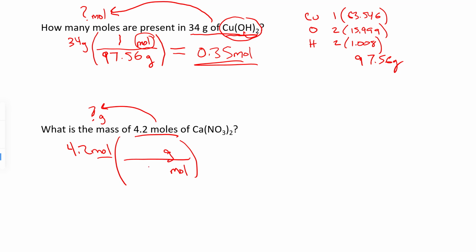So 1 mole is equal to the calculated mass from the periodic table. So we actually have to calculate what this mass is. So we have Ca, N, and O. There's 1 calcium, and calcium is 40.078.